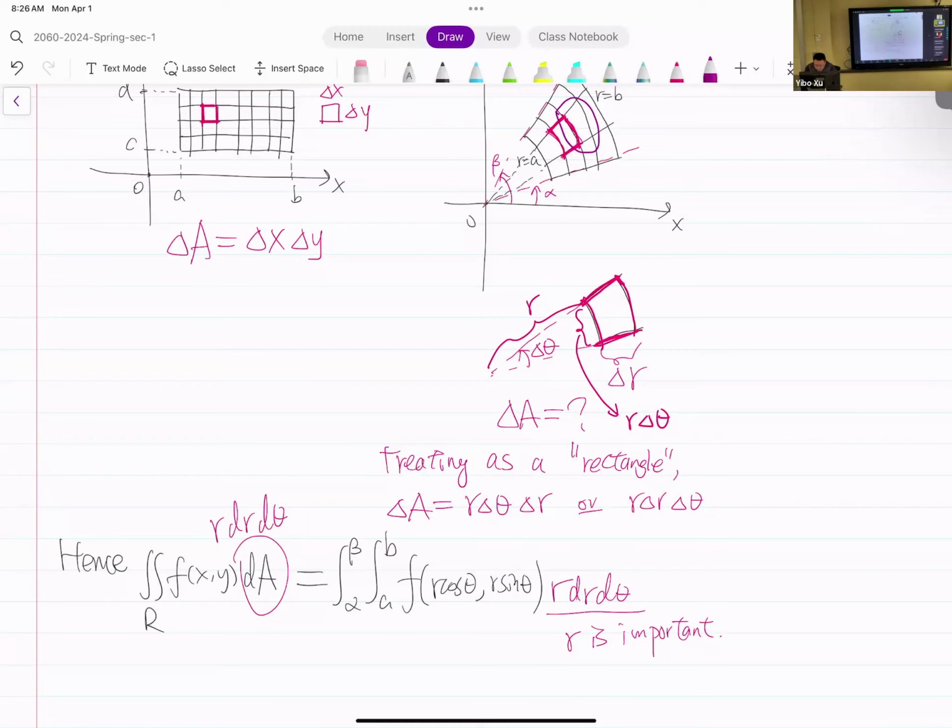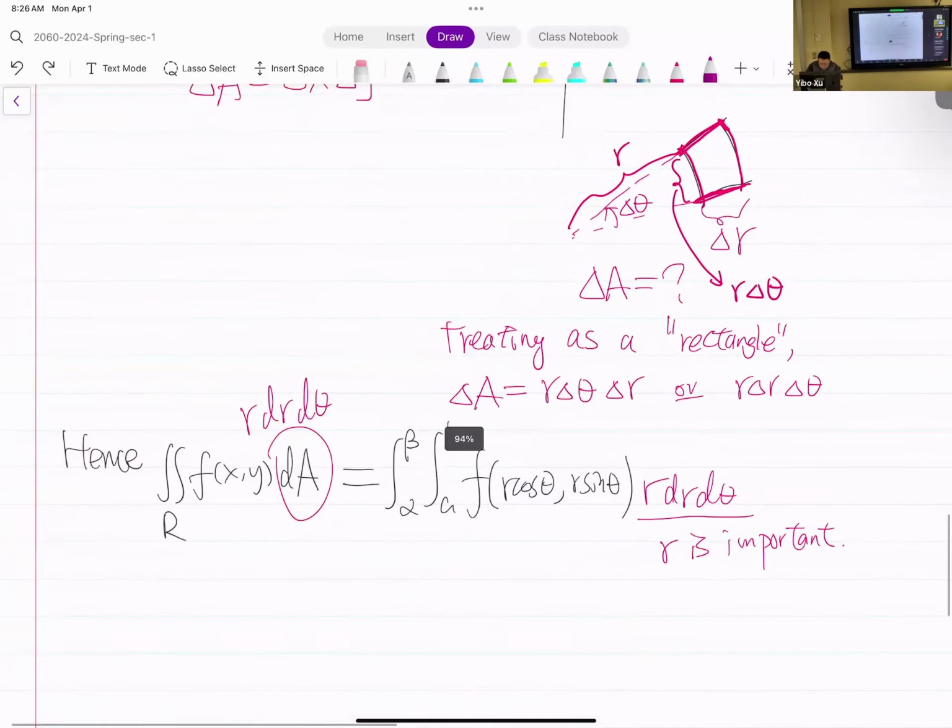But definitely the one on the right has a larger area. This relates to the distance from the region to the origin, which is exactly the radius. That's another indication of the importance of this radius r. Make sure you keep that in mind.